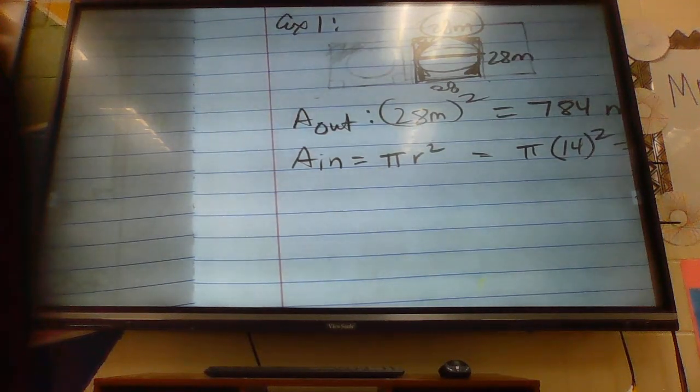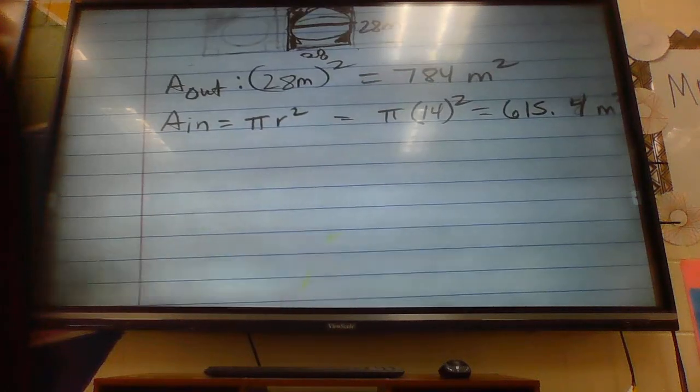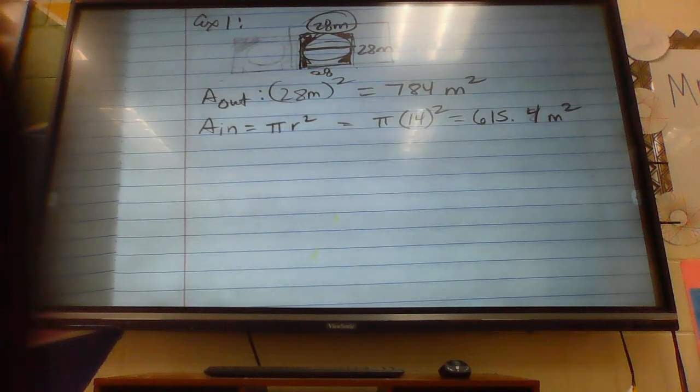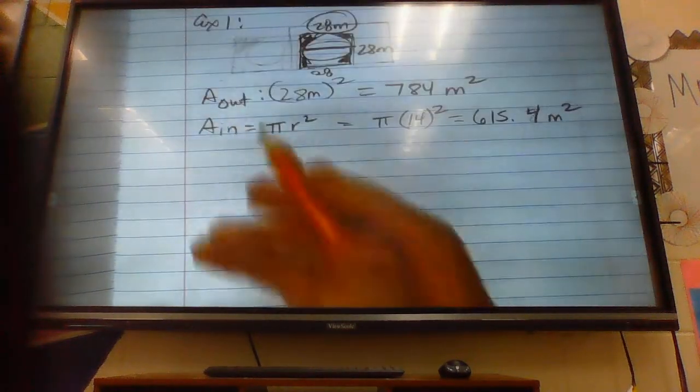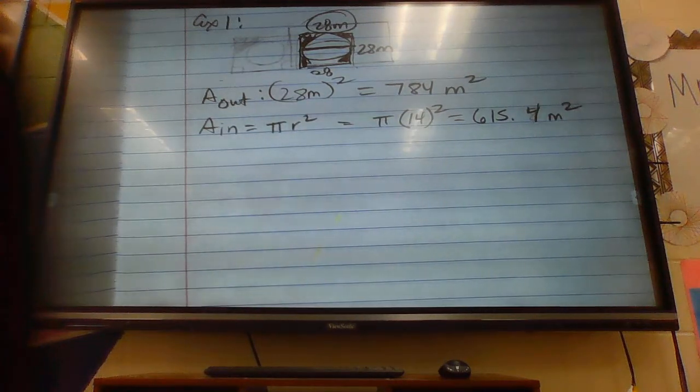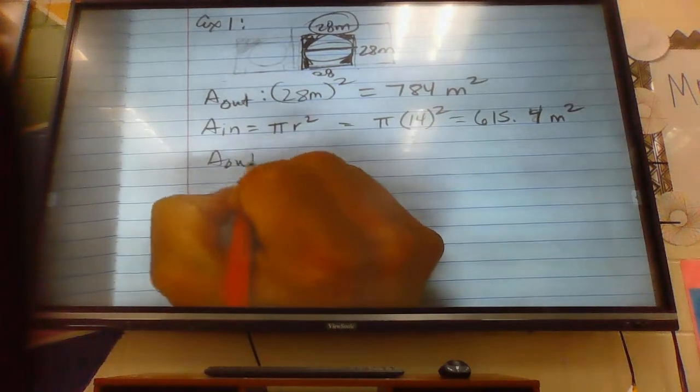Okay, so yes, Lana. So I want the area that's shaded. How am I gonna find that, you guys? Bryce. Colton. Area out minus area in.